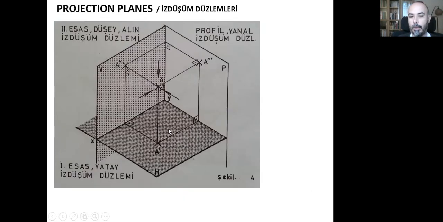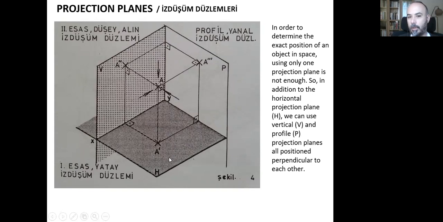Here, we need to talk about the projection planes. In Turkish, we can say izdüşüm düzlemleri for this. We use three main projection planes in order to determine the exact position of an object in space. Using only one projection plane cannot be enough.